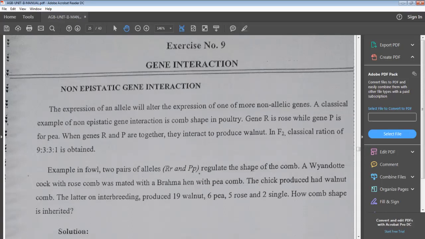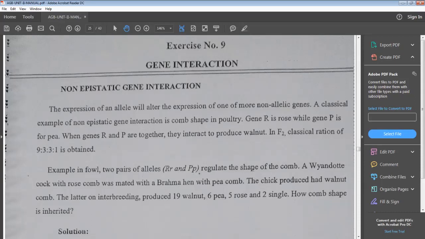Gene interaction is of different types. The major classification is mainly based on epistasis. One kind is non-epistatic gene interaction, and the other is epistatic gene interaction.